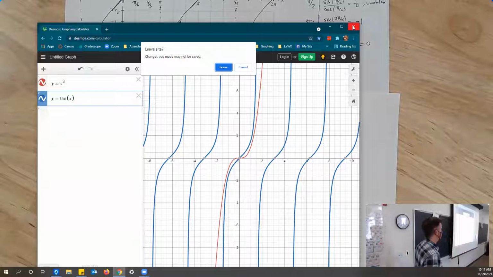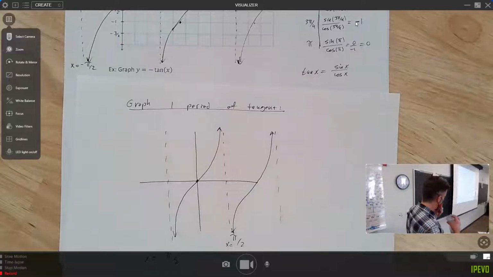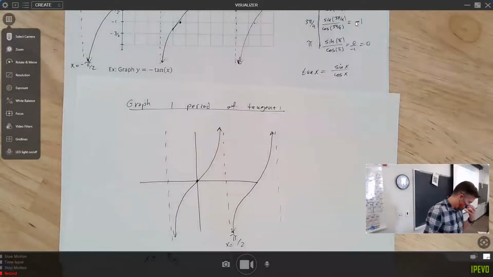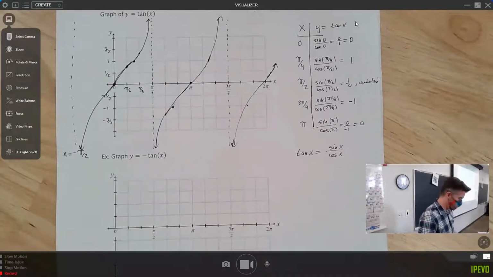So I'm not going to ask you a whole lot about it, but here's the tangent. And then if I was going to graph negative tangent, I'm just going to take my graph and flip it over.